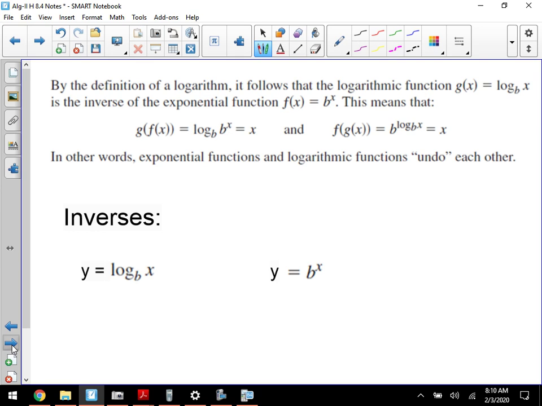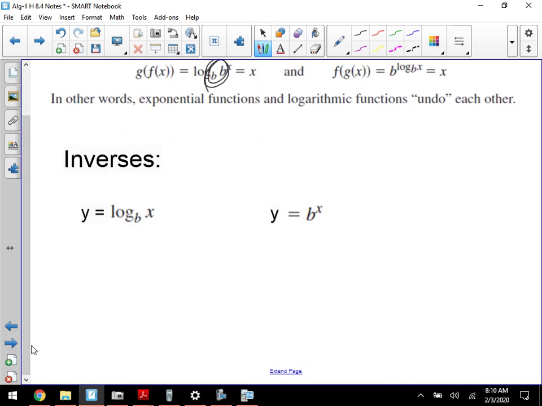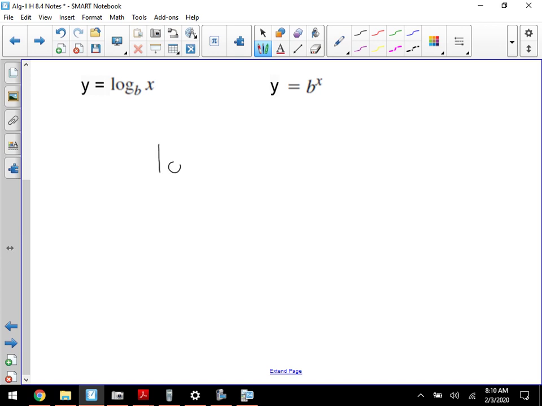The easiest thing to think of is this: log base b of b to the x. When you have these bases the same, they undo one another, and the exponent falls. So if this is log base 5 of 5 to the x, this would simplify to equal x. The bases undo one another.